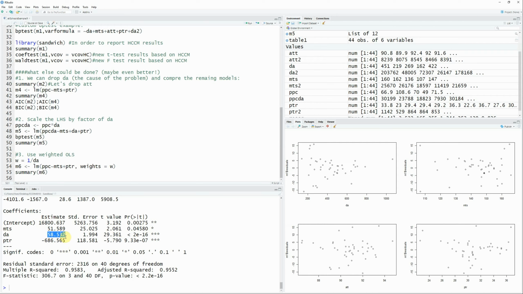The daily attendance, total cost is definitely a function of total number of students. If there are more students going to that school, it's going to be higher cost in that school too. And pupil to teacher ratio has a negative effect.